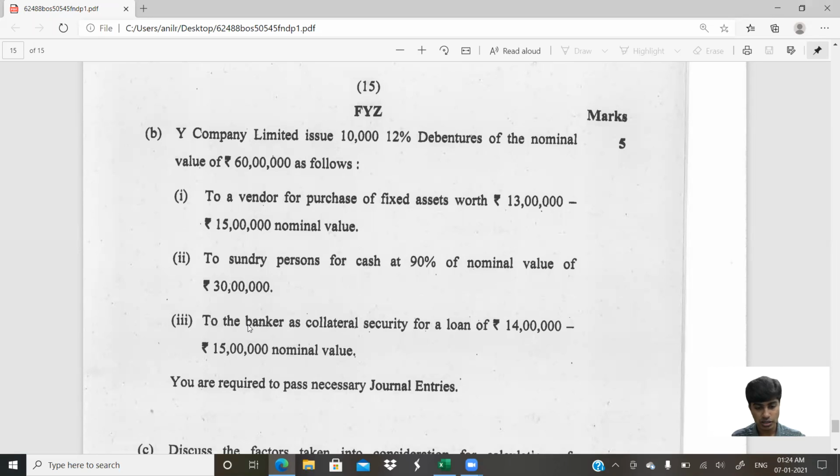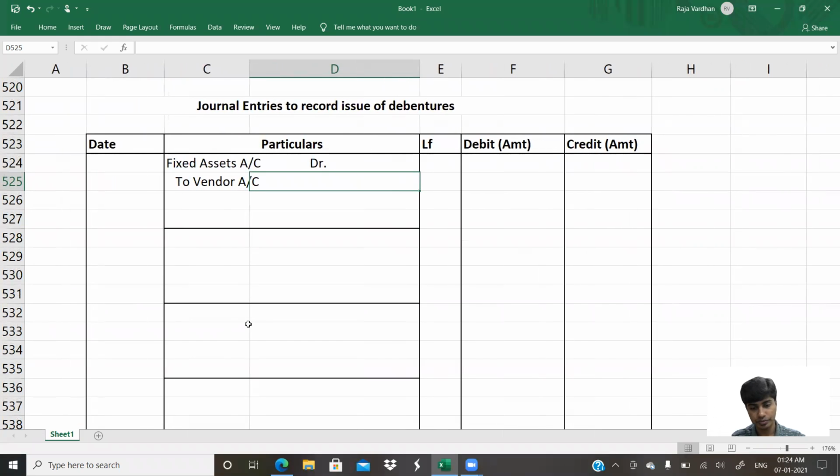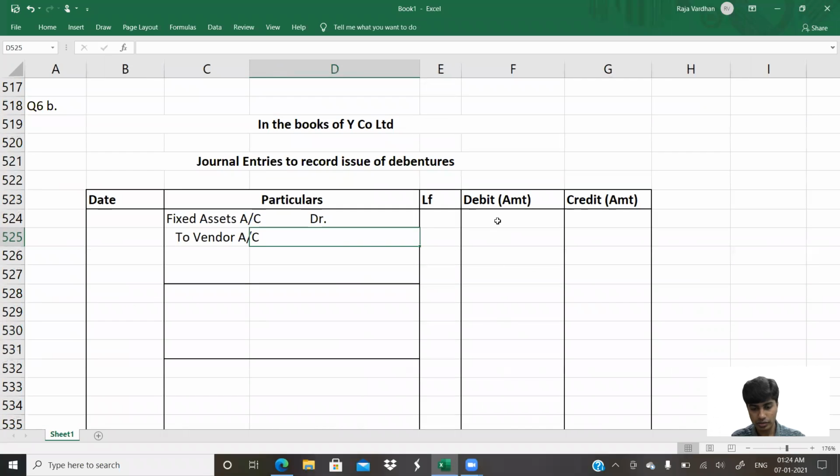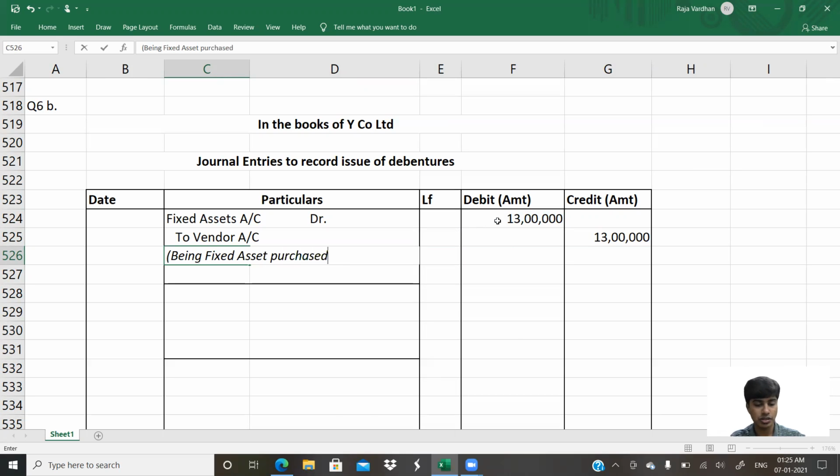What is the amount? 13 lakh. Being fixed assets purchased on credit from vendor.